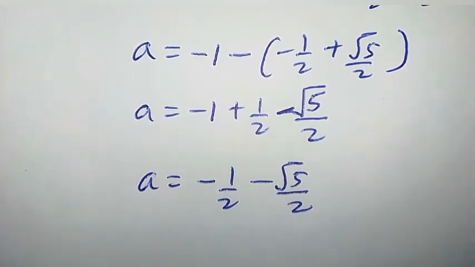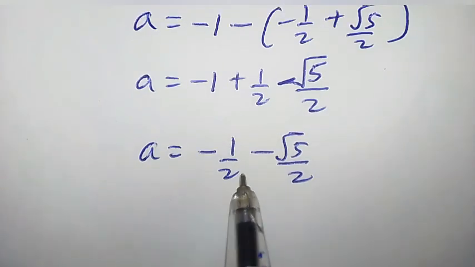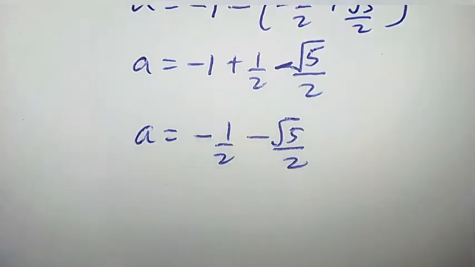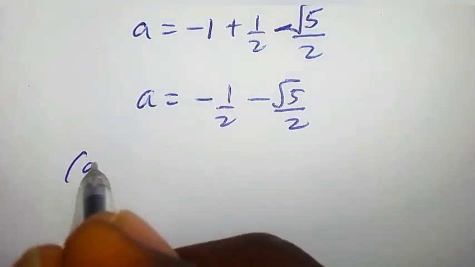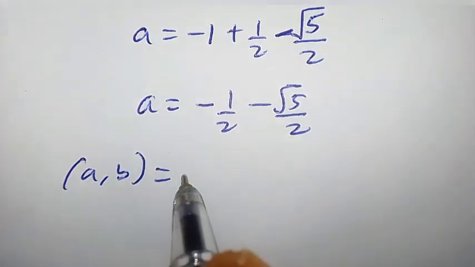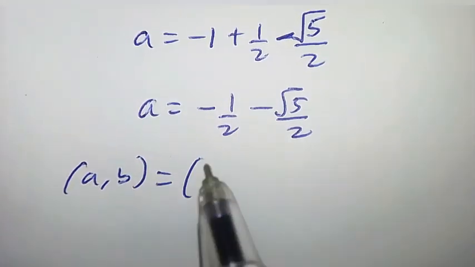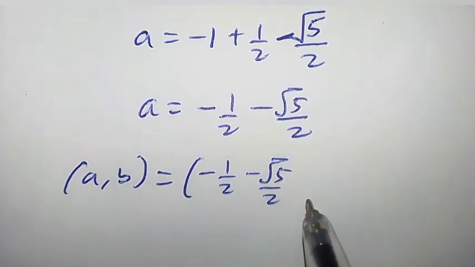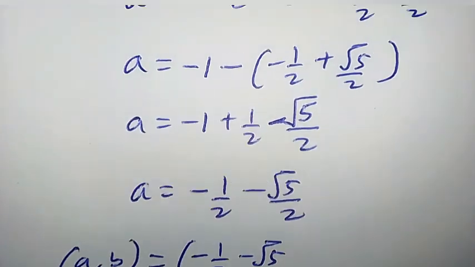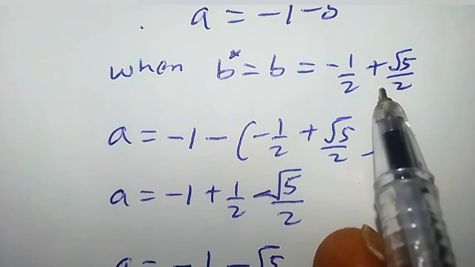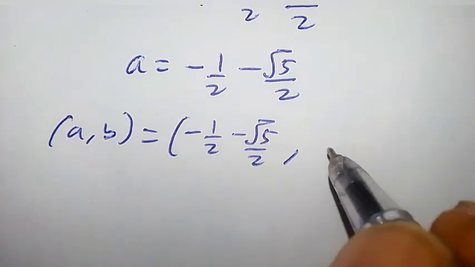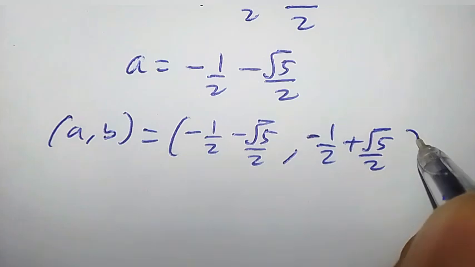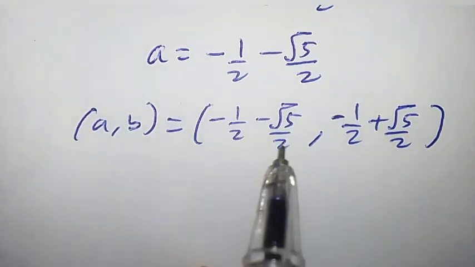That means when A is equals to this guy, the value of B is this. Let's put that down. So A comma B is equals to, what is A? This is A: minus half minus square root of 5 over 2, comma, what is B? This is B: minus half plus square root of 5 over 2. This is the third solution.